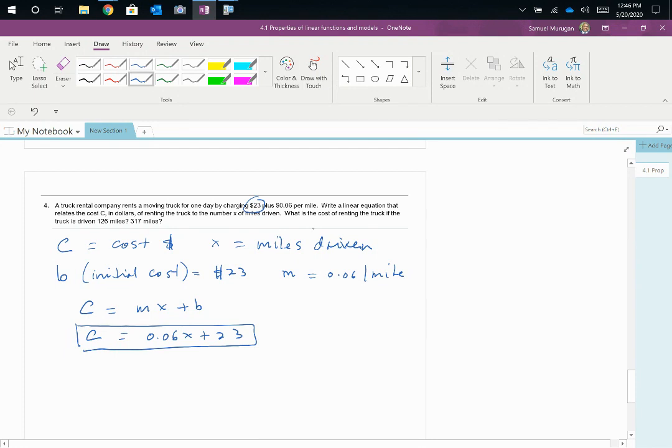And then they ask us two questions. What is the cost of renting the truck if it is driven 125 miles? So when x is equal to 126, cost is equal to 0.06 times 126 plus 23. Put that in your calculator. And we see the cost for 126 is $30.56.